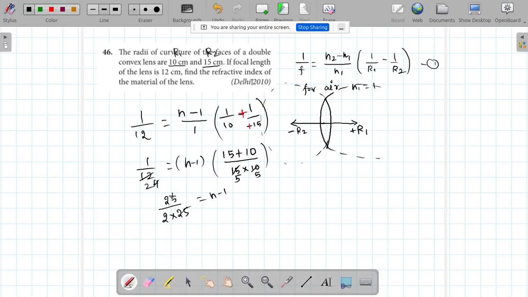So 25 and 25 get cancelled. So n equals 1 plus 1 by 2, that's 3 by 2. Therefore, n is equal to 1.5. No unit, because refractive index has no unit. So this is a direct, simple question.